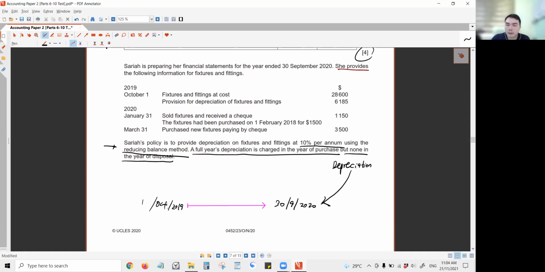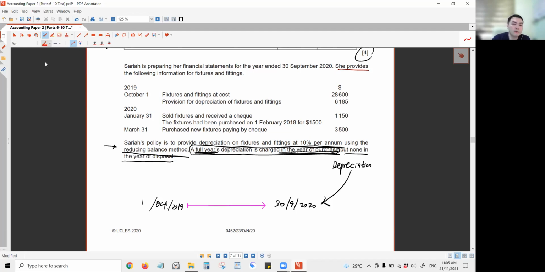So when you bought a new NCA in the current year, you have to charge full depreciation. It doesn't matter how many months you own the NCA in the year you bought it, you have to charge full.